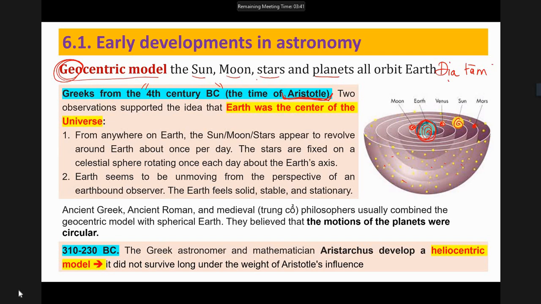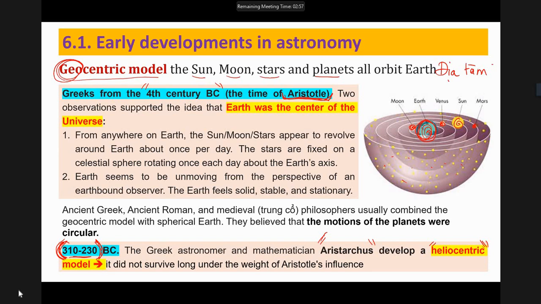In about 300 to 200 BC, although at this time one ancient Greek astronomer, Aristarchus, had already developed another model of the universe, the heliocentric model, which says that the stars, the Earth and other planets orbit the sun.